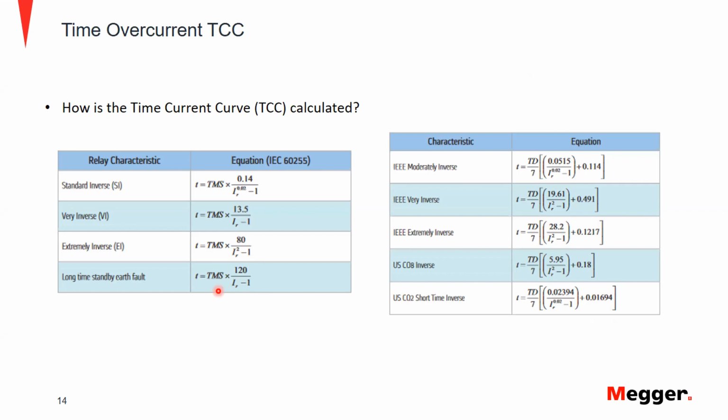These are in all of the manufacturers' specifications. If not most, if not all, relay manufacturers will have the TCC curve calculations listed in their manuals. They also provide custom settings, so it will allow you to derive your own custom time current curve as well, if you see fit to do that.